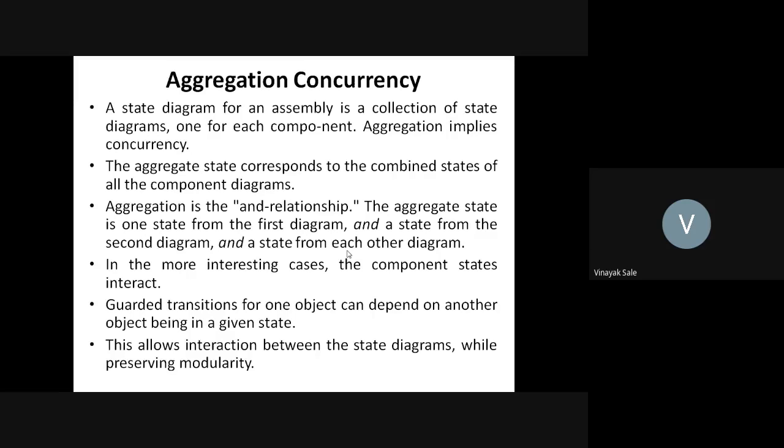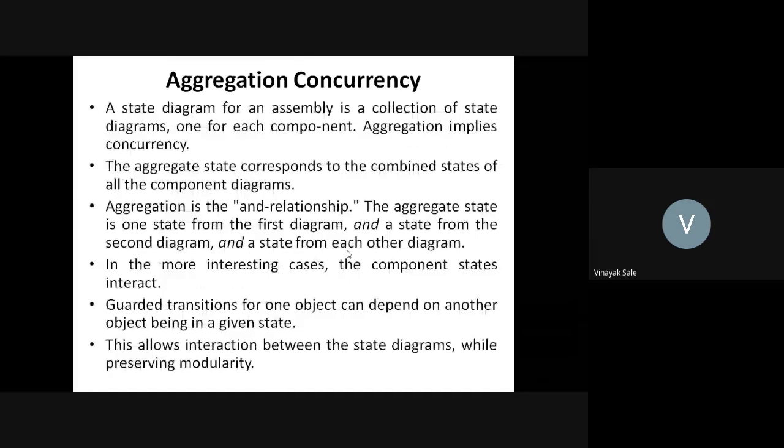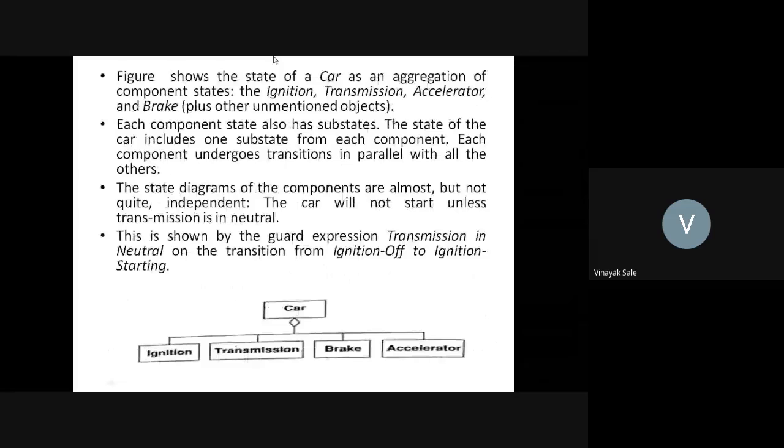So in more interesting cases, the corresponding states interact. Guarded transitions for one object can depend on another object being in a given state. This allows interaction between state diagrams while preserving modularity. So this is the figure. The figure shows the state of the car.